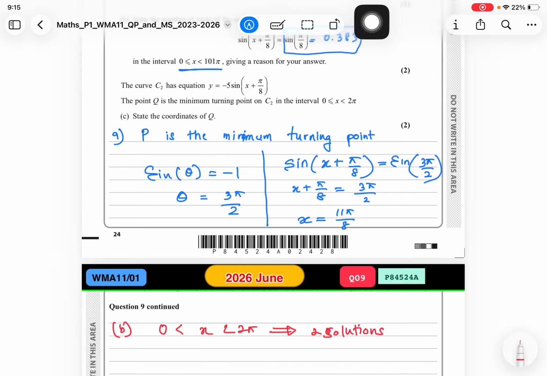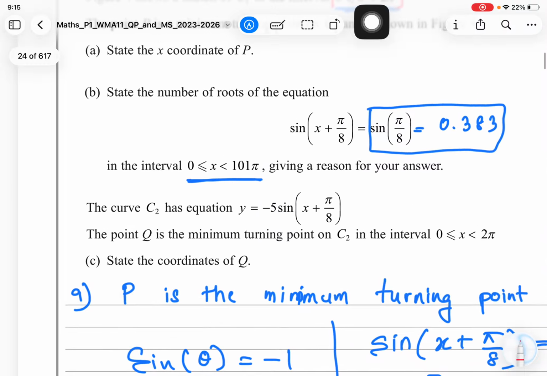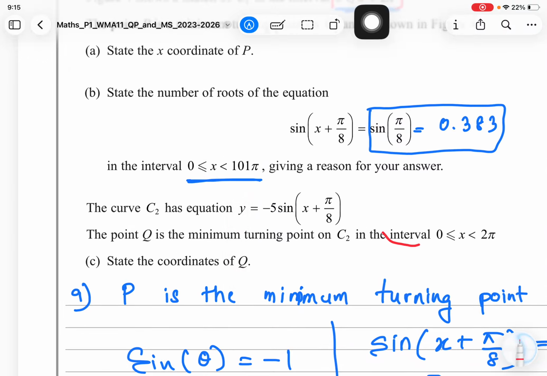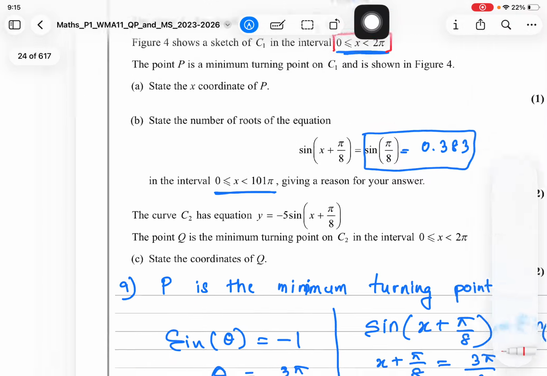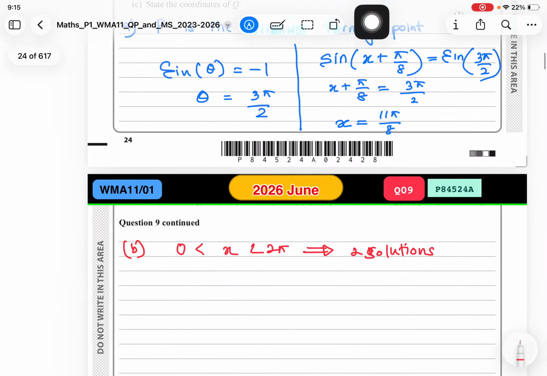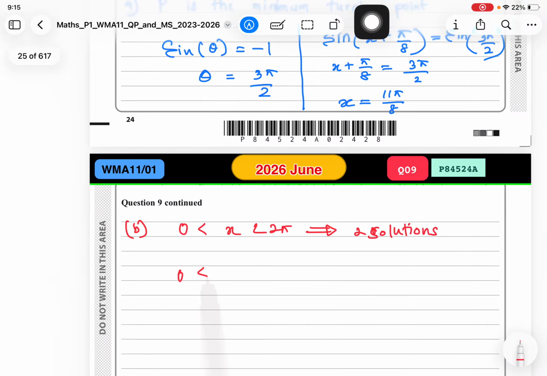When they have two solutions for this gap, and we go to 101 pi, we have to think of the multiples of 2 pi. The closest multiple is 100 pi. We can say from 0 to 100 pi, you have 50 cycles.